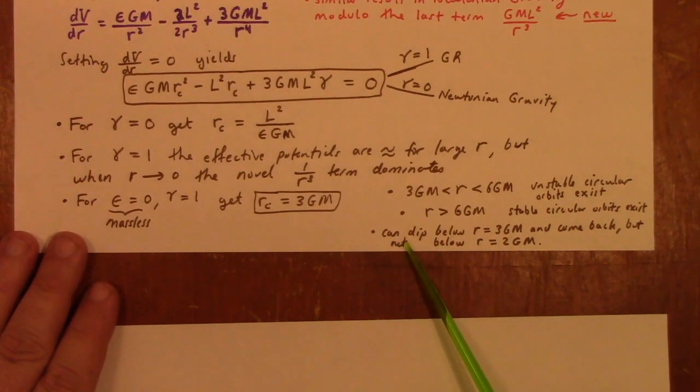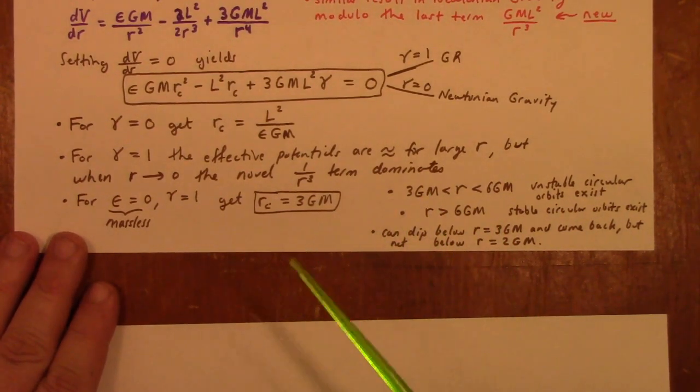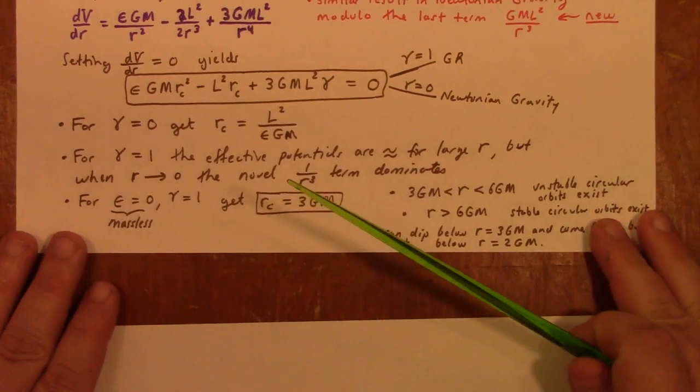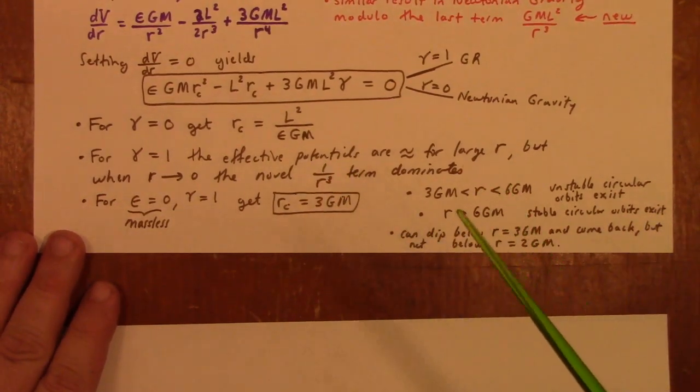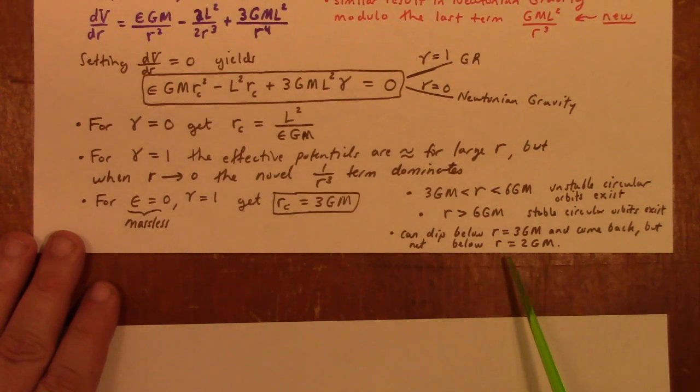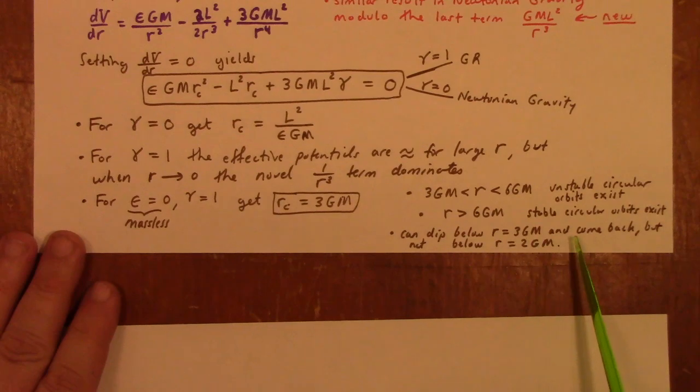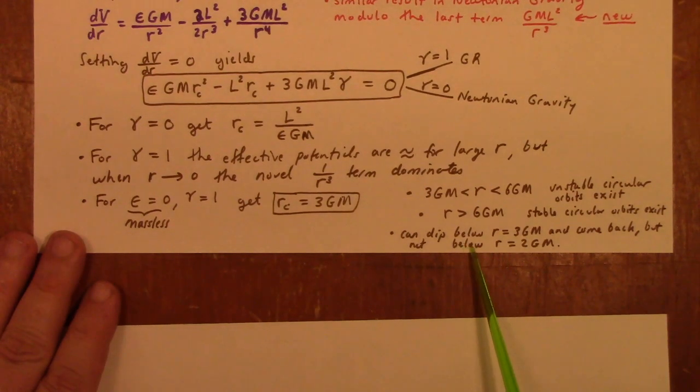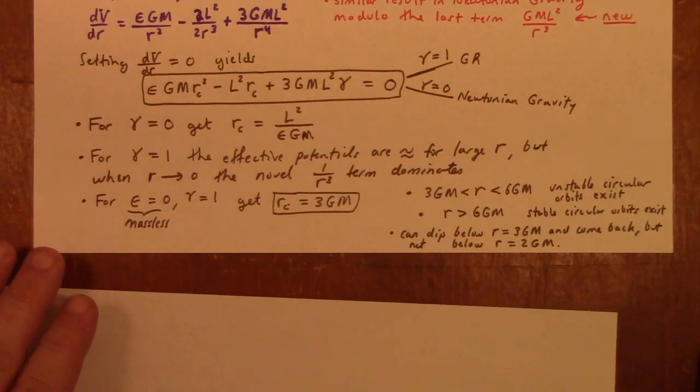And he emphasizes that all of these comments are for geodesics. If you're not going along a geodesic, if you're just going along a time-like curve, you can do other things, like dip below 3 GM and come back out. However, the more complete analysis that I haven't really shared yet shows that you can't take a time-like curve past the Schwarzschild radius and come back out.